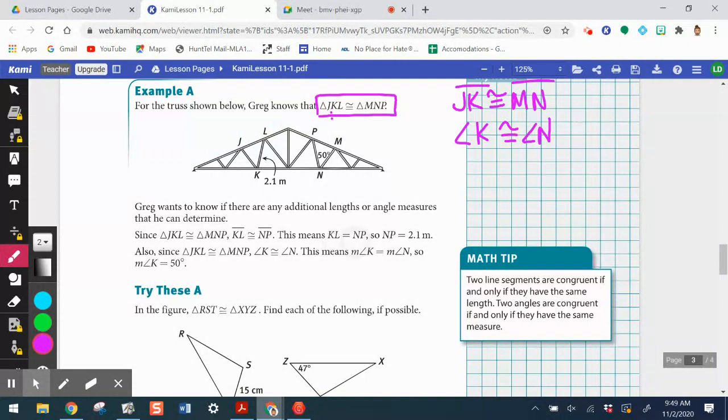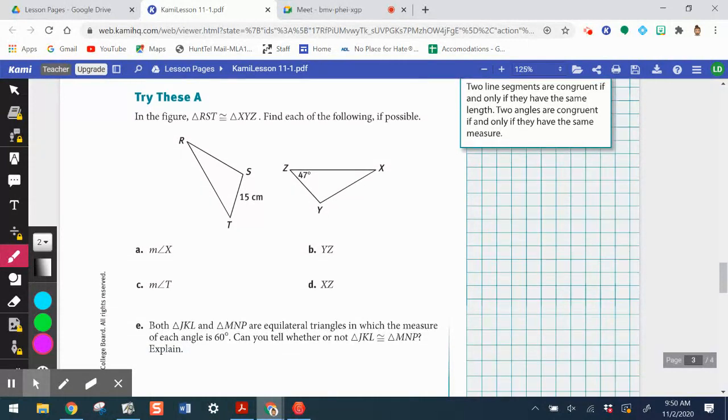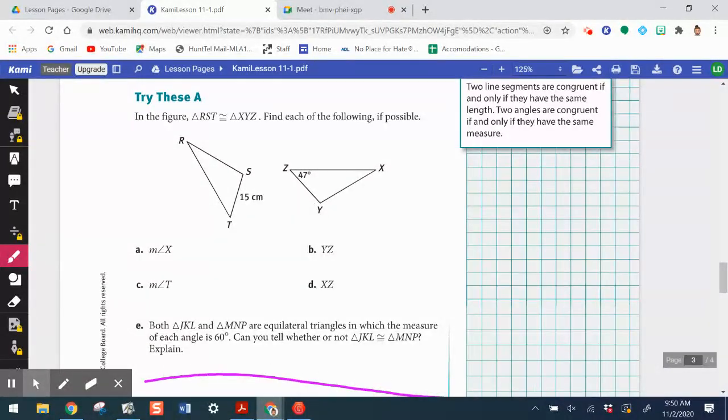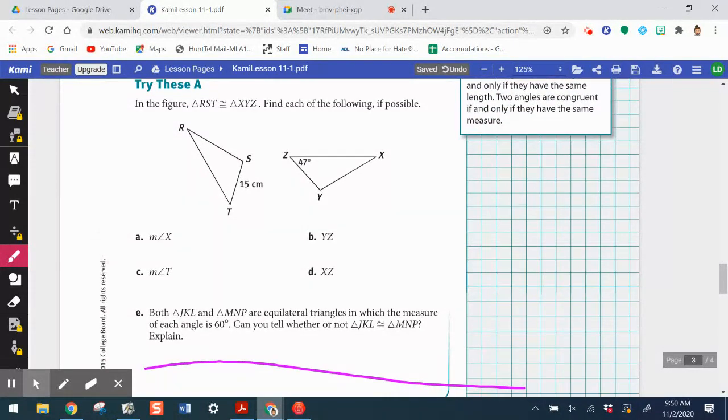So if KL is equal to NP, and KL, they show us in the diagram, is 2.1 meters, NP is also 2.1 meters. So we're suggesting something really intense here when we make that statement that these 2 triangles are congruent. So now what I would like for you to do with that in mind, go ahead and draw a line at the bottom of your page, enough to hopefully explain item E, but try these parts A through E before continuing with the video.